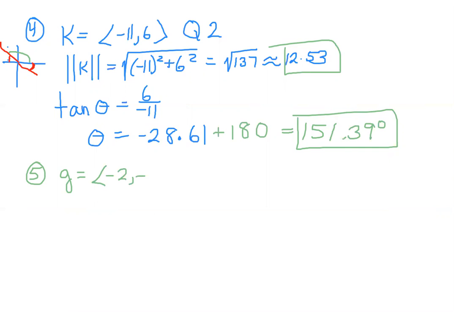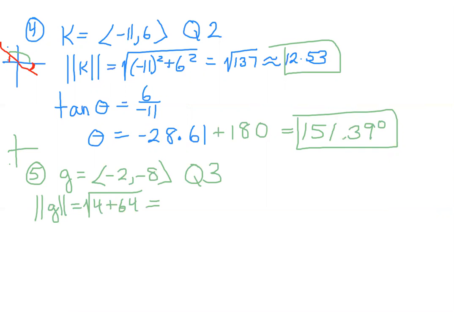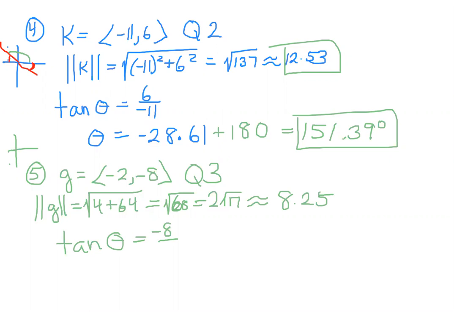-2, -8. What quadrant is that in? -2, -8. That is quadrant 3. Finding the magnitude is the square root of 4 plus 64, which is the square root of 68, which is 2 times the square root of 17, or 8.25. And our tangent is -8 over -2, which is 4.